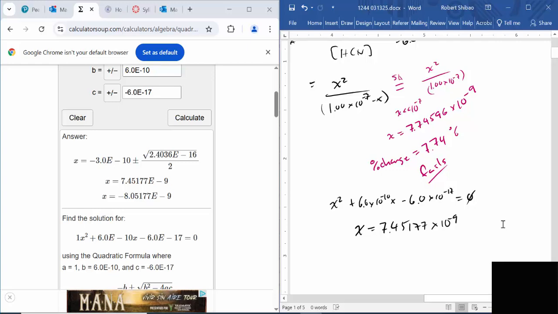If we did the simplifying assumption, you can see we're off. Here it's 7.45, here it's 7.74. So it's off significantly. And you can tell this is going to be an error because of this large percent change. The larger the percent change, the bigger the error we expect in our x value. Although here we didn't make any assumptions, so the only error would be rounding error there.